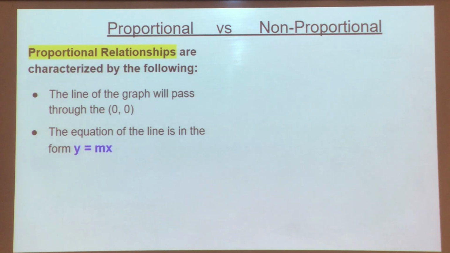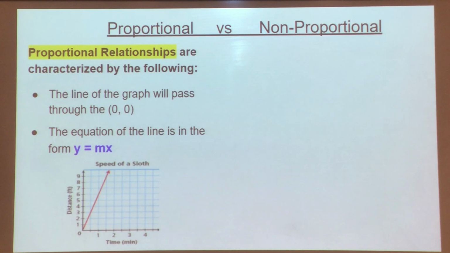When you're dealing with linear relationships, you're talking specifically about a line that will be graphed. So we are going to be dealing with graphs. And when you're dealing with proportional relationships, the line of the graph will pass through (0, 0). Also, the equation of the line is in the form of y = mx.